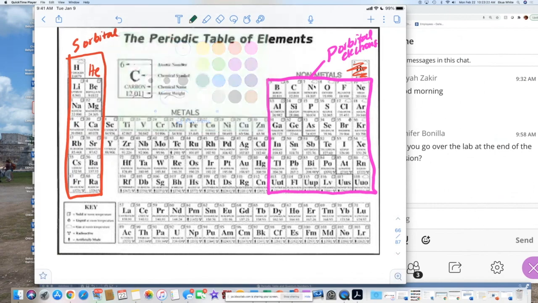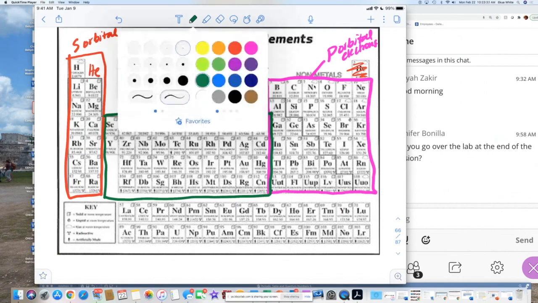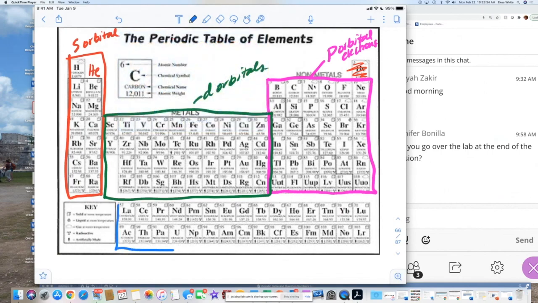Then when I move down here, these are all technically d orbitals. Then I finally have my f orbitals right there. Essentially, if you want to leave this up here, it's okay. You just have to make sure that the color here, it has to be red, matches the helium, matches the rest of it.